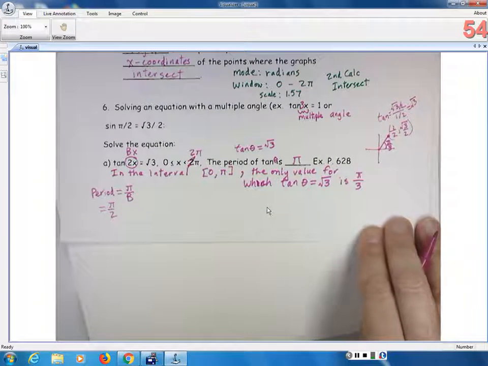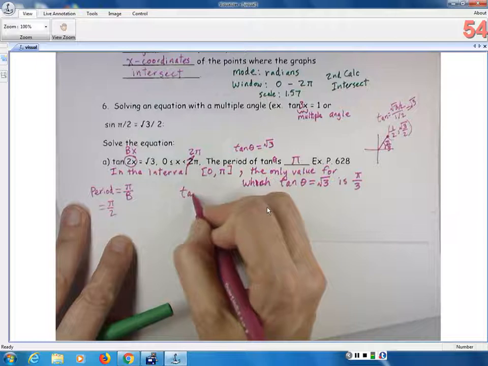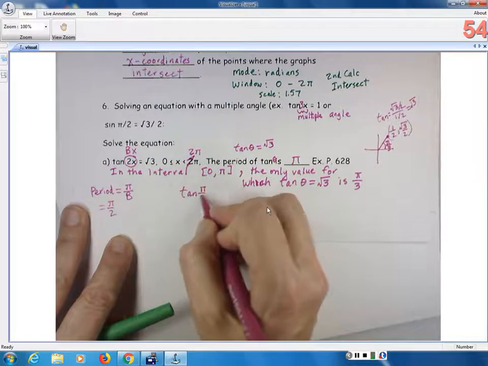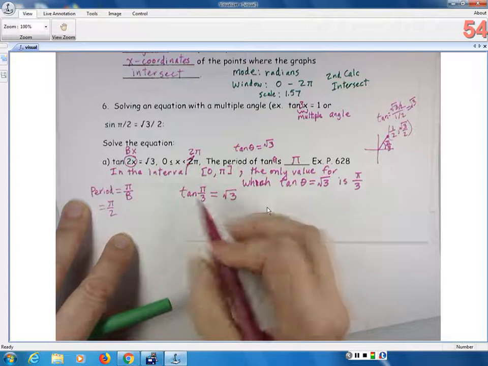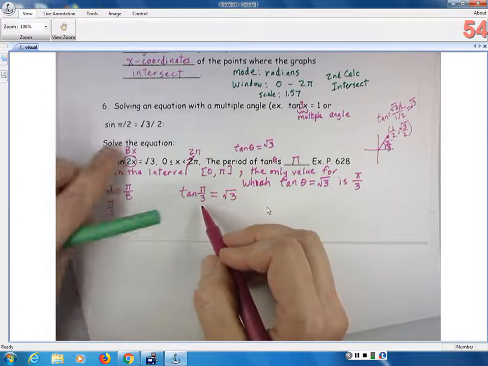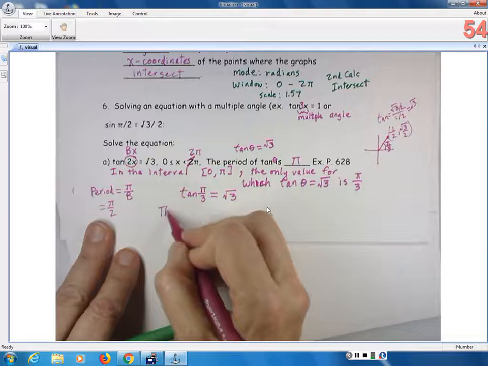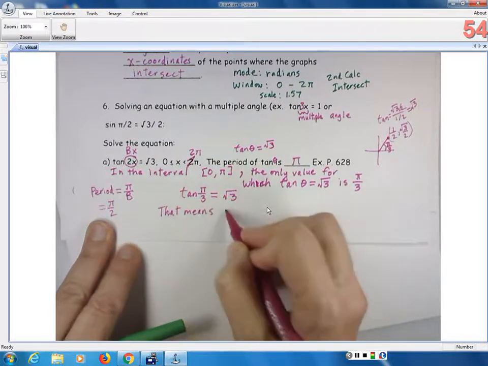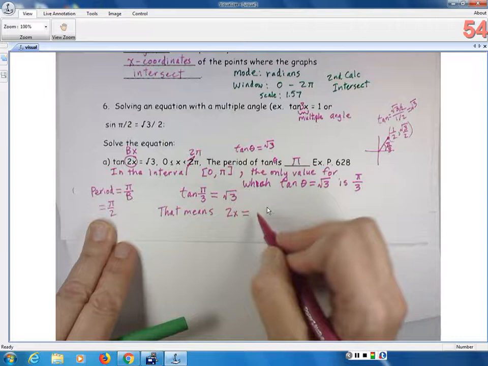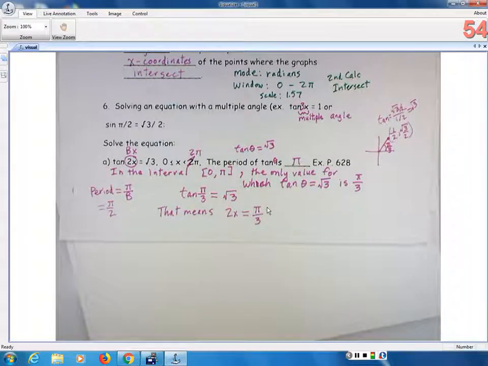Okay, so we have tangent of pi over 3 is the square root of 3. That means 2x has to equal pi over 3. Now we can solve for x.